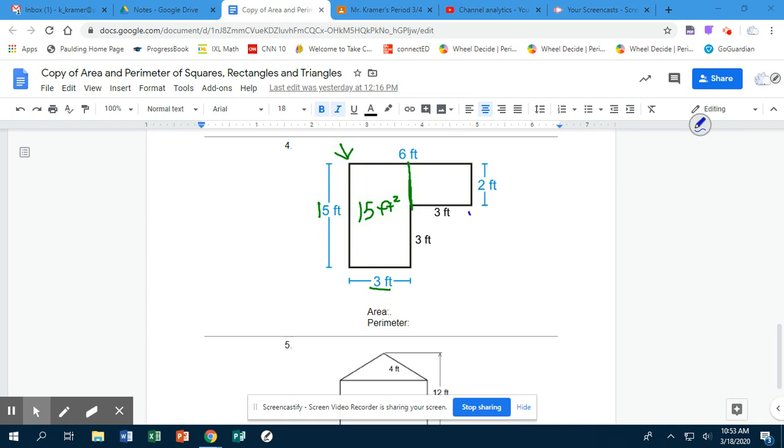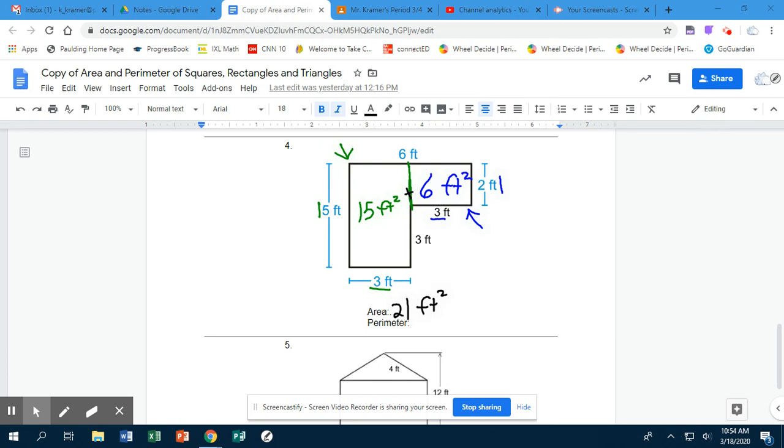Now we're going to look at this smaller rectangle where the base is 3 and the height is 2. We do 3 times 2, that is 6 feet squared, or square feet. The last thing we have to do is combine these 2 areas. 15 plus 6, that's just 21 feet squared. I'm sorry, that's a weird one.